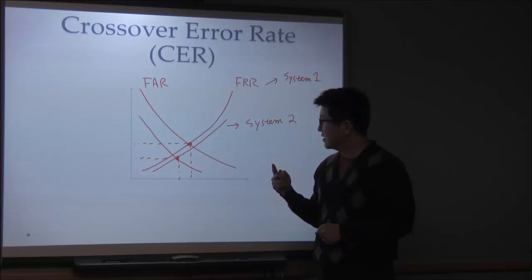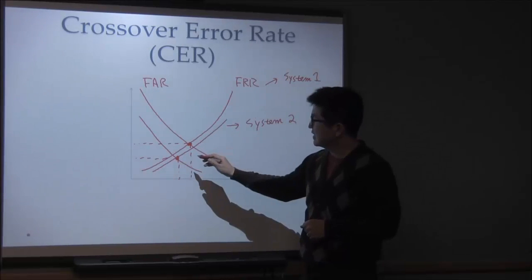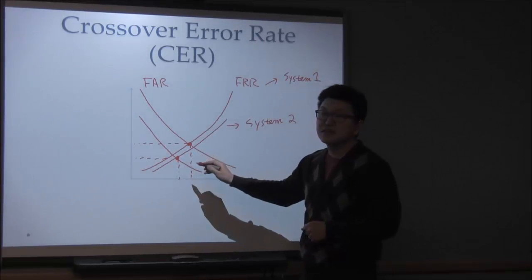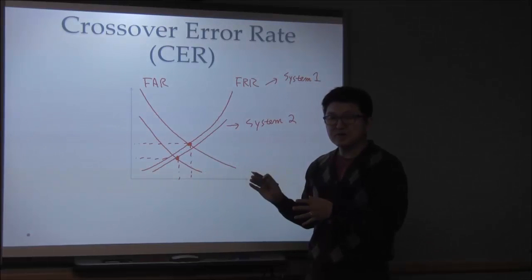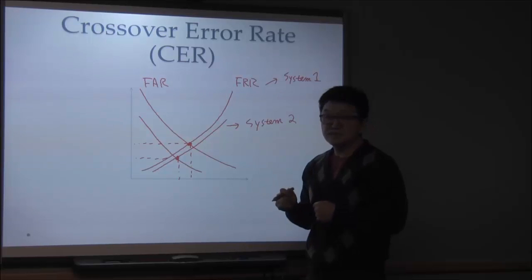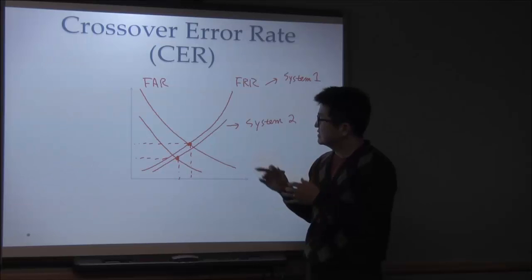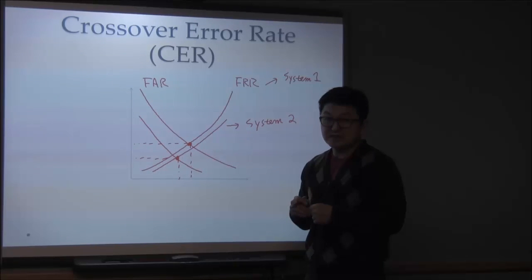Based on where the intersection is, you can make a conclusion about the overall performance of the system, because wherever these graphs meet, you want it to be as low as possible in terms of error rates.